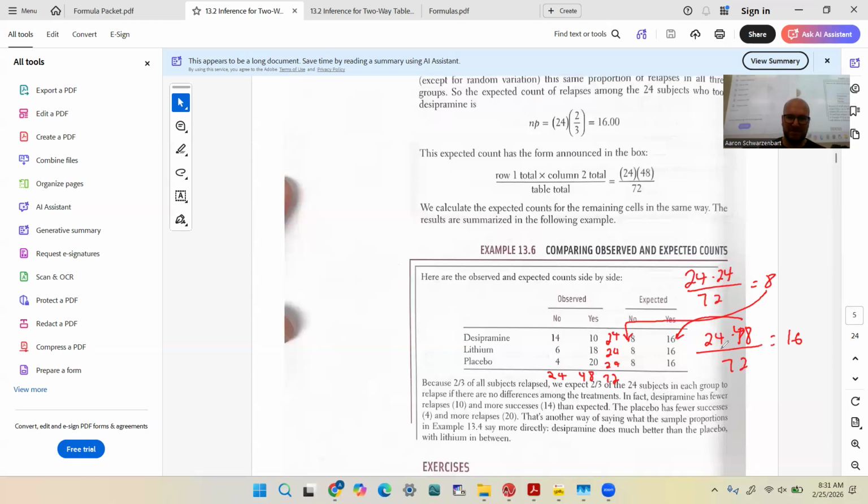What is that? 10 plus 18 plus 20 is 48. So I'm adding, and yes, these better add up to the same. Your expected should add up to your same totals. If that makes sense. If they don't add up to the same total, we've got some issues going on here.